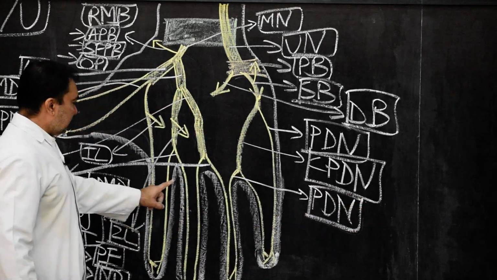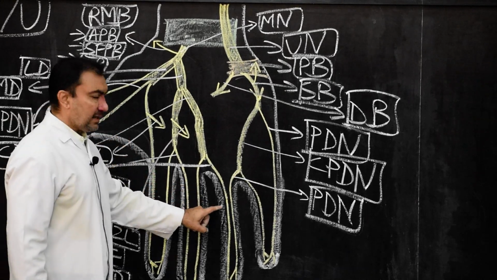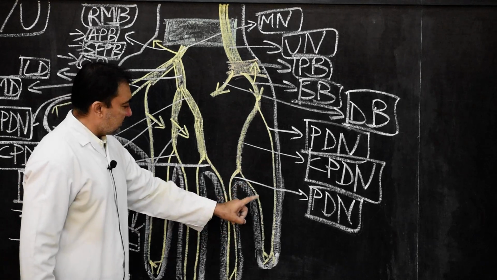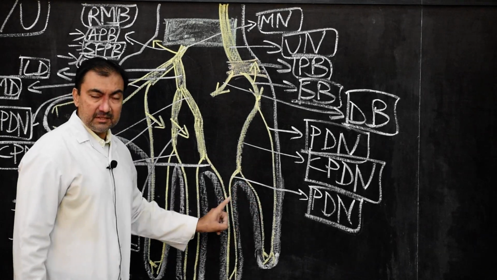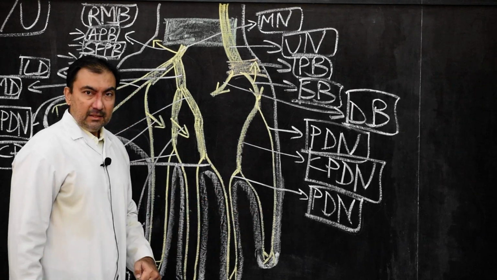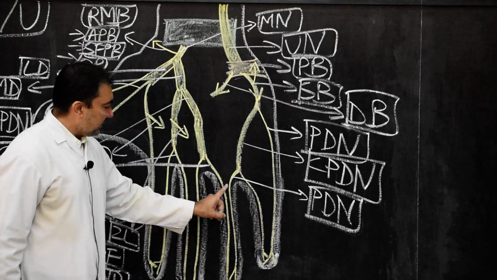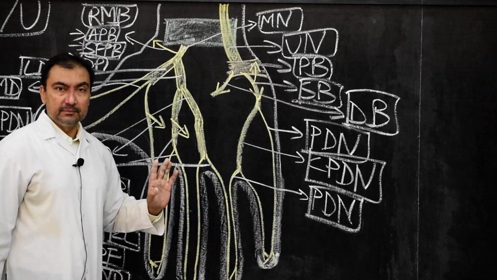Just as proper digital nerves of median nerve supply the lateral 3 and a half digits, these proper digital nerves will supply the medial 1 and a half. That means it will supply the whole of the little finger and medial half of ring finger.